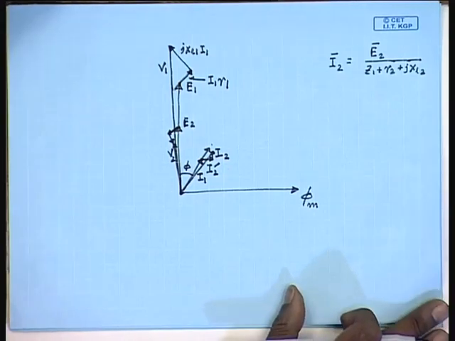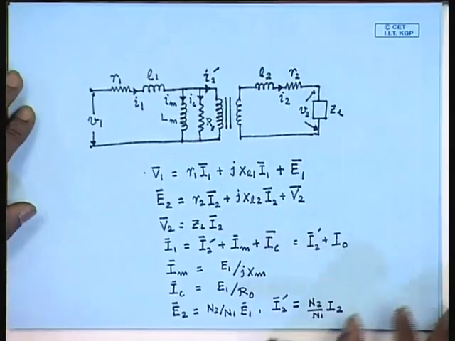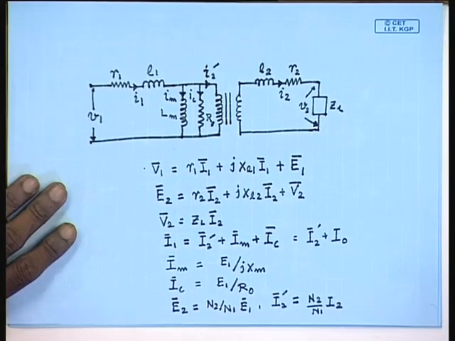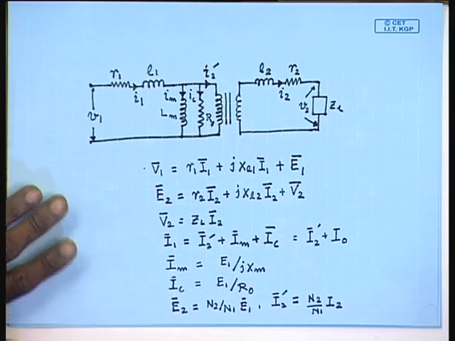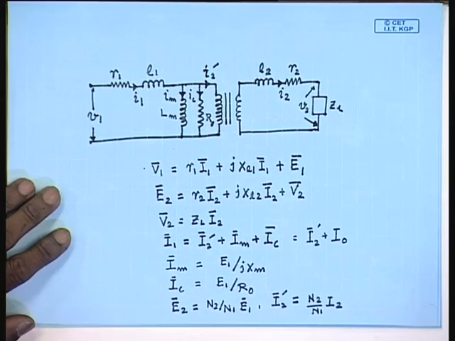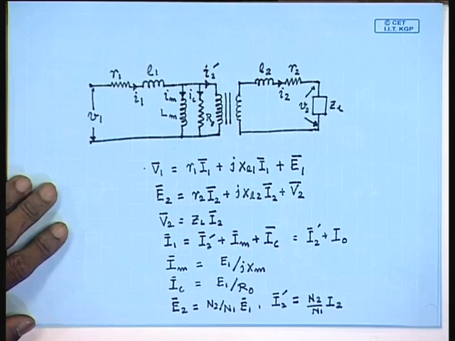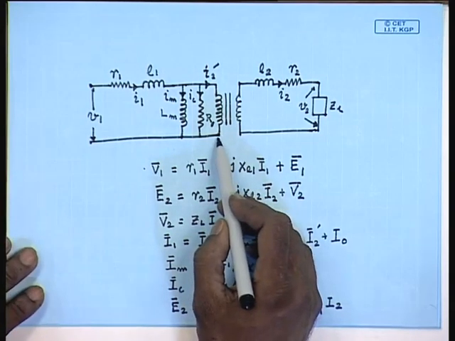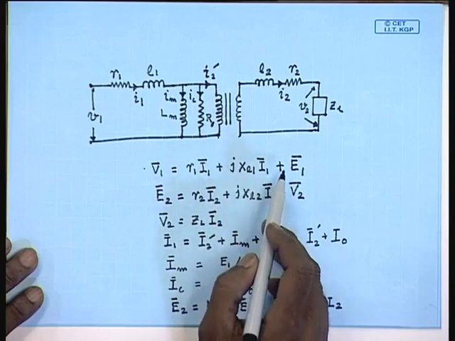However, if we take a closer look at the circuit model of the single phase transformer that we have so derived, we will find that this is not very suitable for applying the known circuit analysis techniques, since there is an ideal transformer between the two parts.